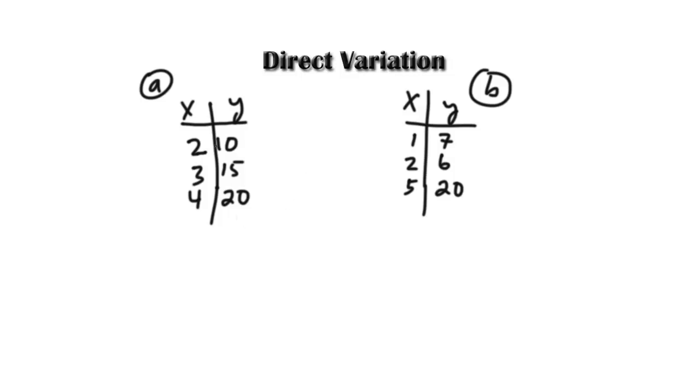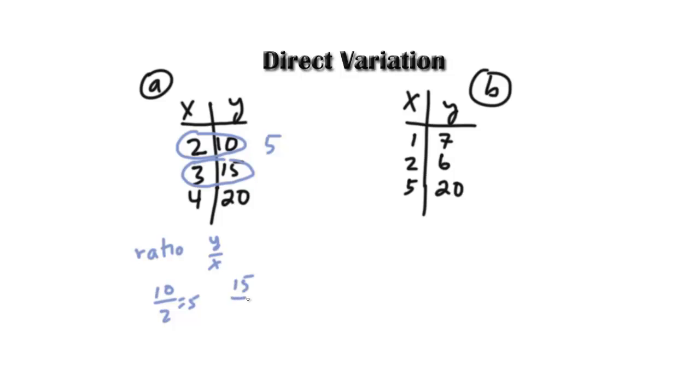In order to do that, you want to check y over x for each one, the ratio y over x. If I do it for 2 and 10, I'm going to get 5, because it's 10 over 2. Then do the same thing for 3 and 15.